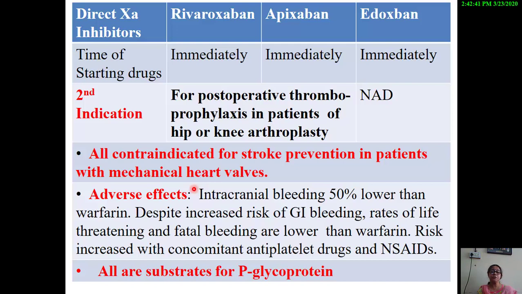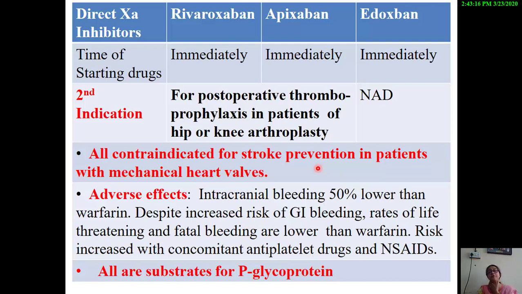So, comparing dabigatran, rivaroxaban, apixaban, edoxaban with warfarin, with all four of them the incidence of intracranial bleeding is much less as compared with warfarin, but the incidence of GI bleeding is higher. Here also the probable reason given is that because of a less complete absorption of these compounds, there might be a higher incidence of GI bleeding as compared with warfarin.